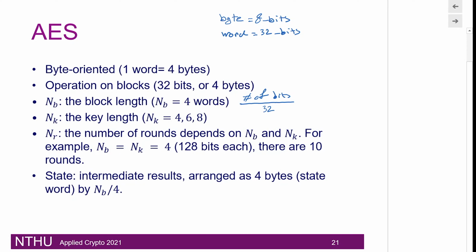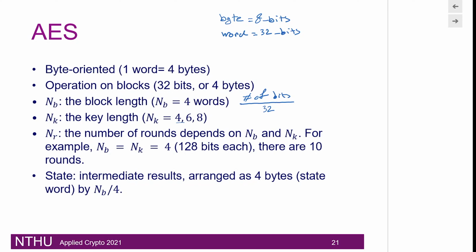These are variables that we use in the algorithm. And then the number of key words, Nk, can be 4 words, 6 words, or 8 words. If it is 8 words, we are talking about AES with a 256-bit key. And if the number of key words is 4, we are talking about AES with a key length of 128 bits.